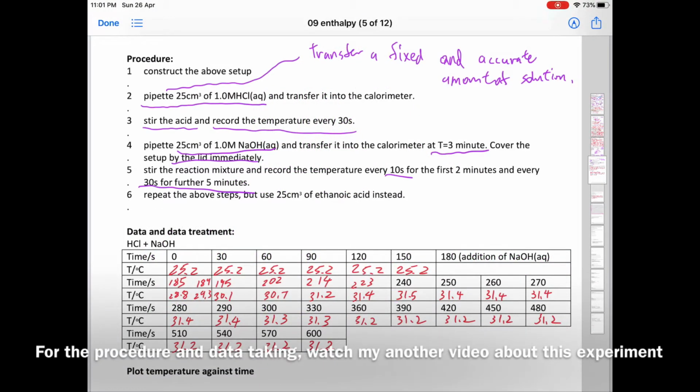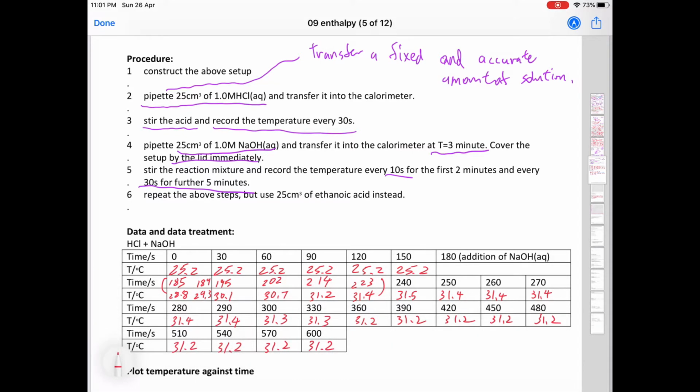I recorded several data at different times as stated in the menu, so starting from 180 seconds and at 240 seconds, the data set is a little bit different for the time data. Maybe I give you some time to copy this data in case you do not have yours. Then we will do the analysis by plotting temperature against time. So let's move forward.